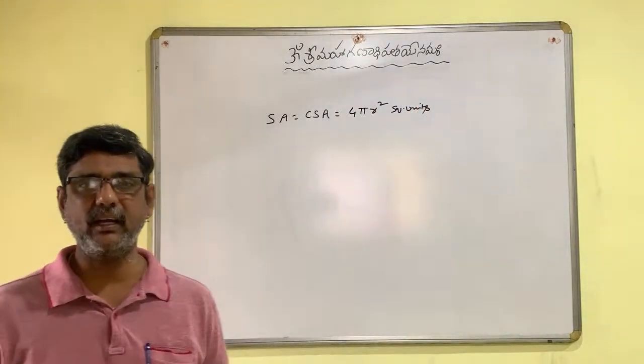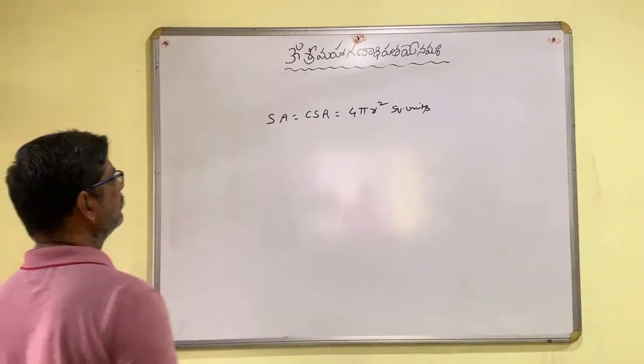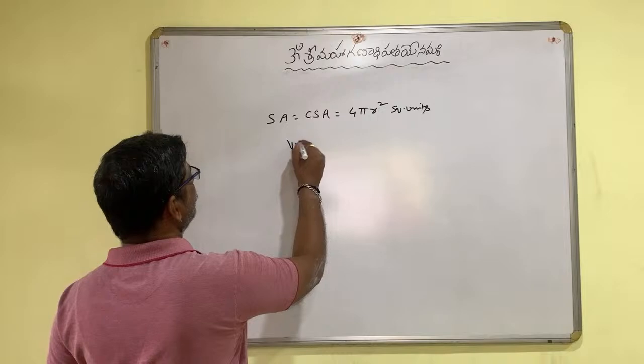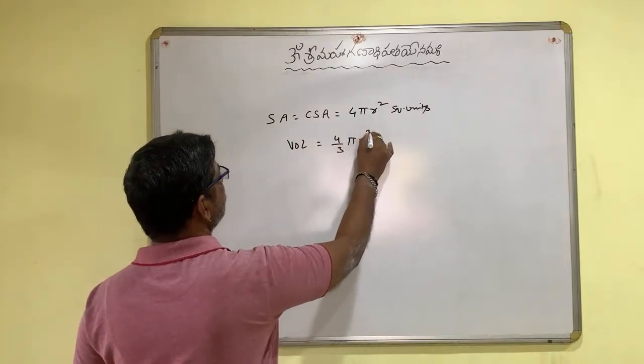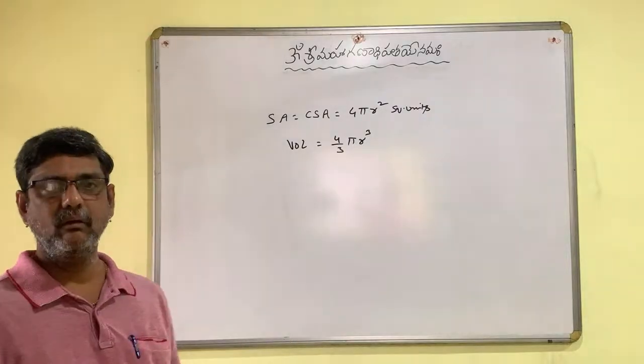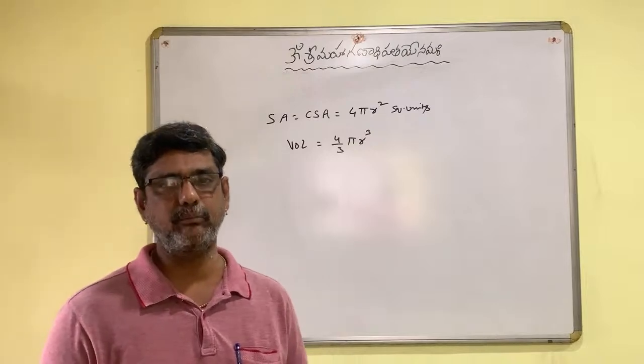Now, the volume of sphere is 4 by 3 pi r cube.